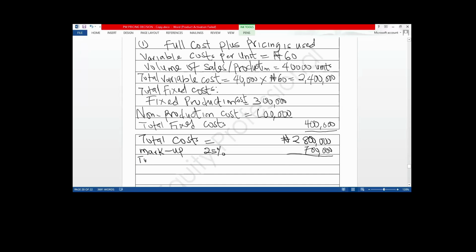That is the total revenue, because your markup is your profits. Total sales value is 3.5 million.